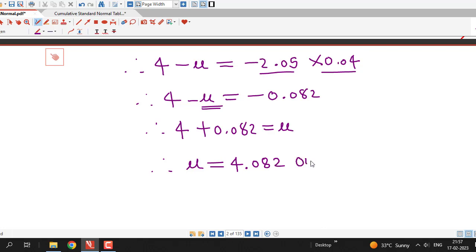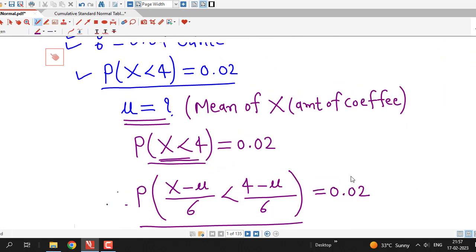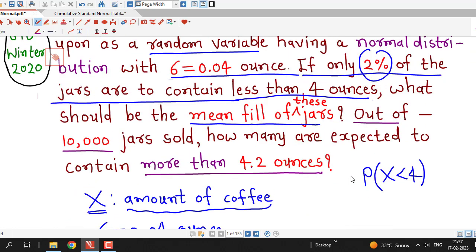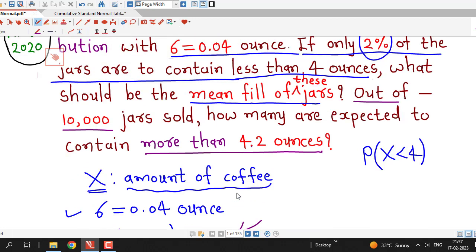4.082 ounce. So your question is, what should be the mean fill of these jars if only 2% of the jars are to contain less than 4 ounces? That is, if the probability that capital X is less than 4 is 0.02, what should be the mean fill of these jars?